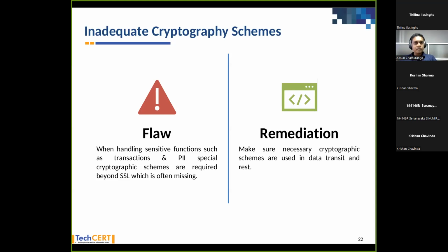The next thing is cryptographic schemes. As I told you, there are some websites which often use transaction data and PII data, personally identifiable data. In any case, if that sort of data is transmitted, stored or processed, special attention needs to be given.